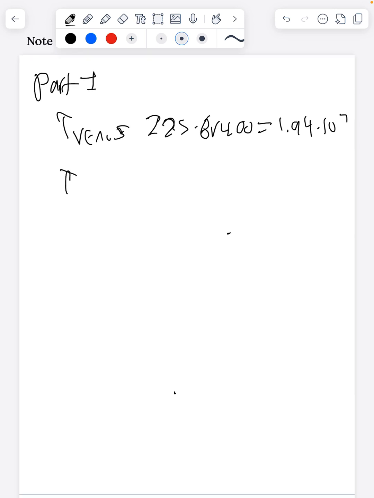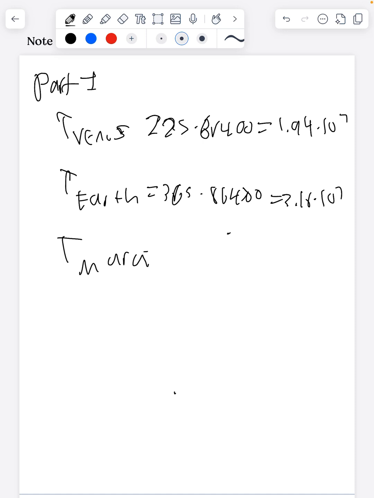Okay, and for Earth, it'll equal 365 because that's the full rotation, times 86400 equals 3.16 times 10 to the power 7. For Mars, it equals 687 times 86400 equals 5.94 times 10 to the power 7.